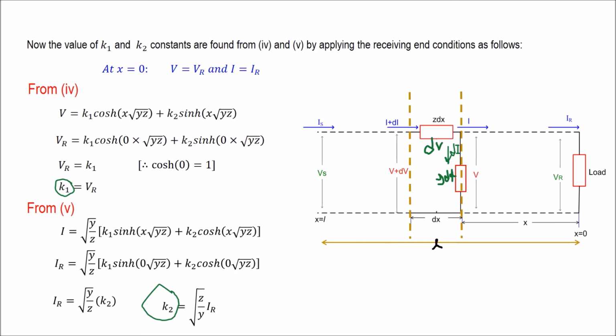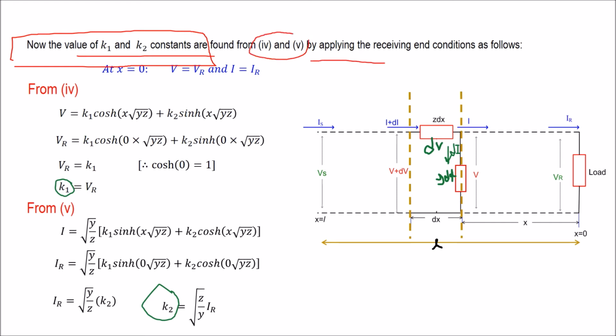Now we want to find the values of the constants K1 and K2. We can get them from equations 4 and 5 by applying the receiving end condition. So at the receiving end, when x equal to 0, voltage V equal to VR and current I equal to IR.